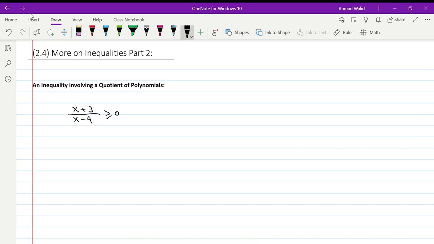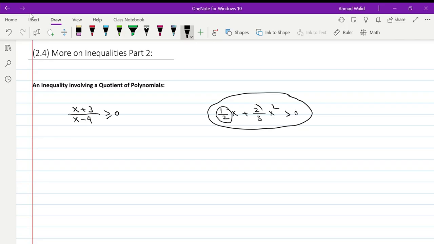If I have something like 1/2 of x plus 2/3 of x squared greater than 0, this one is not a rational inequality. Why? Of course, you see a fraction in it, but your variable is not in the denominator.